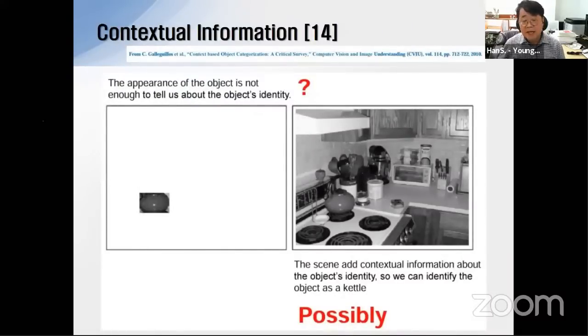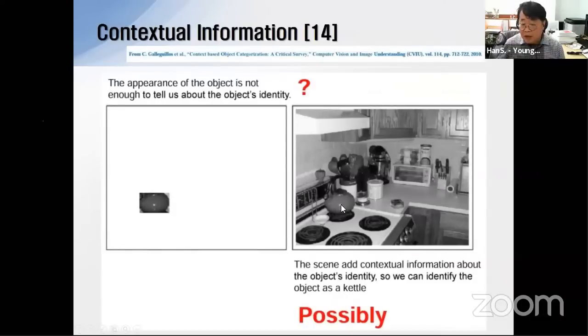People say that you can see this part. Can you imagine what it is? Only look at this part of the image. But you can recognize or also identify this one, the same one.